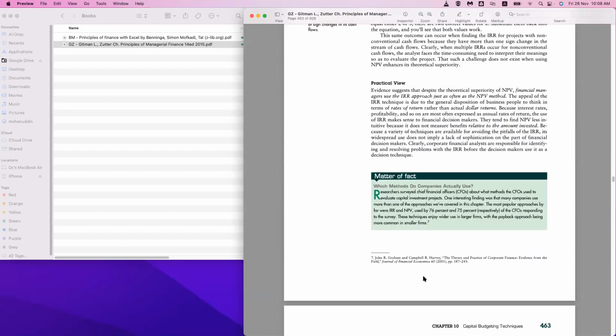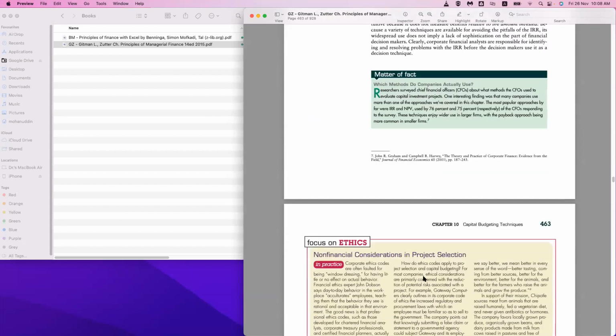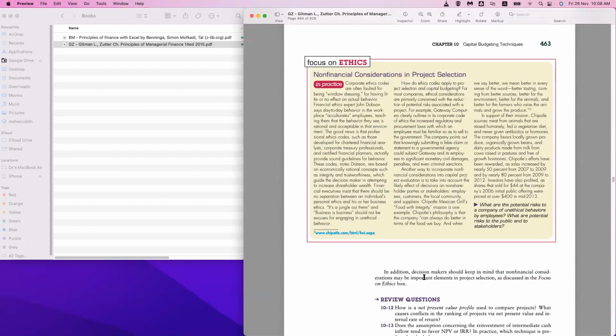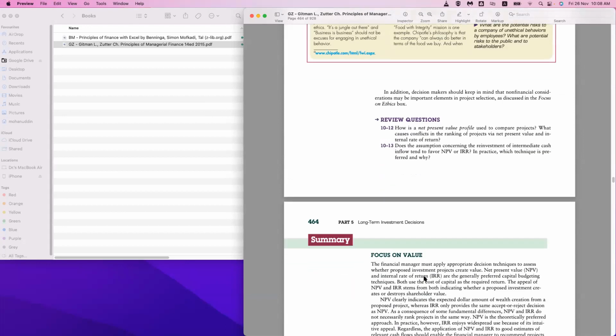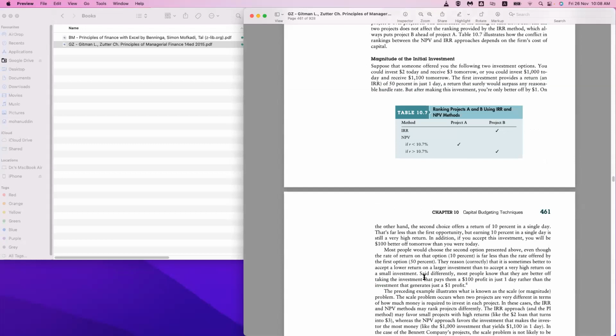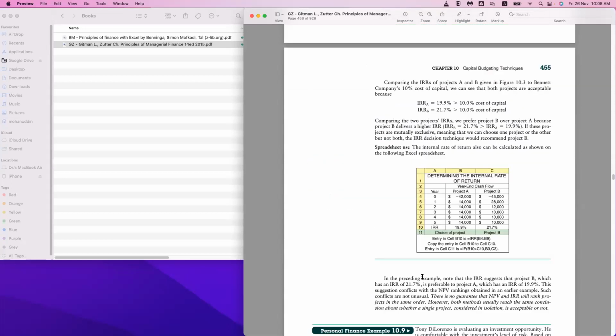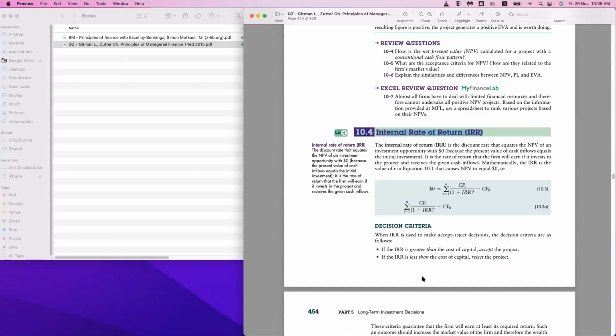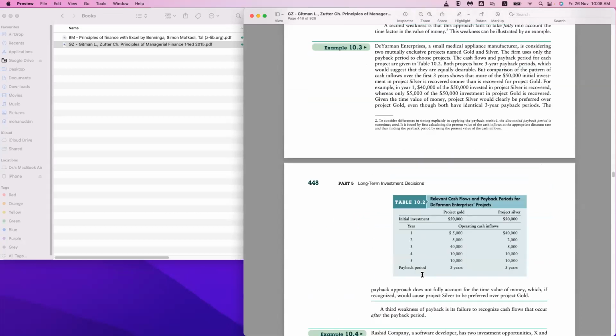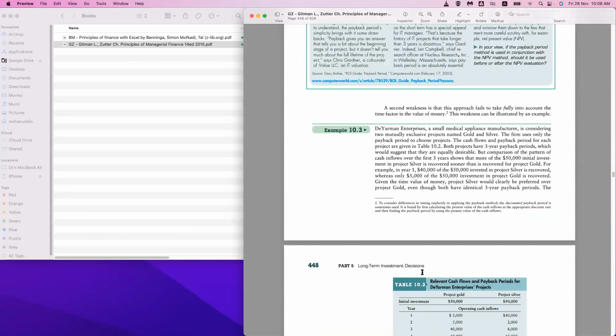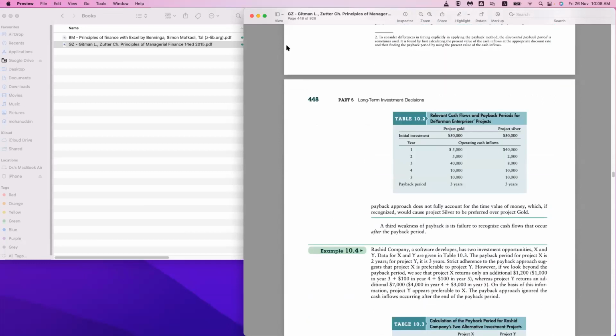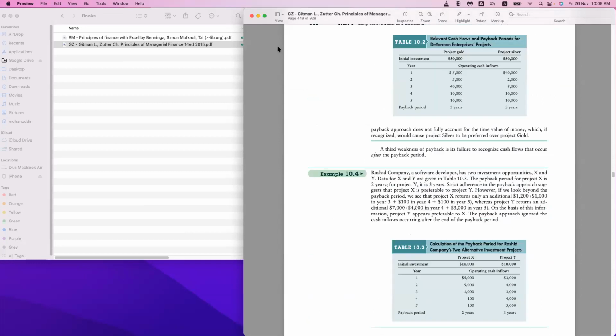So we might not cover that, and also some other strictly theoretical things. We will not include that. But we have to know what NPV is, what IRR is, and how to calculate NPV and IRR so that we can make an investment decision.